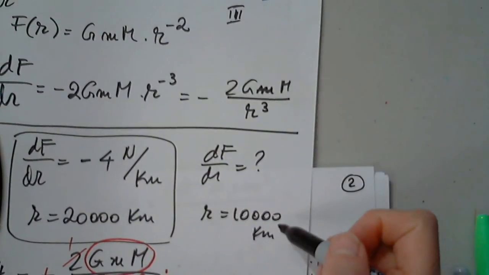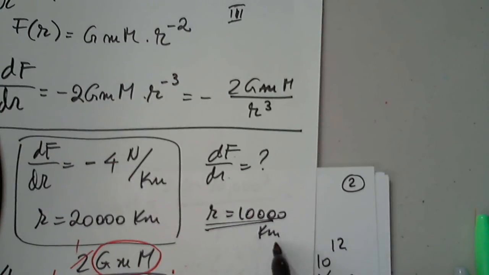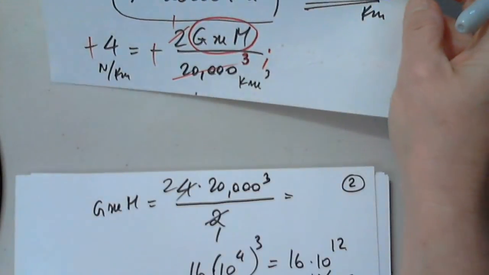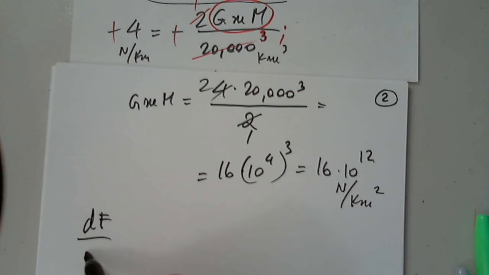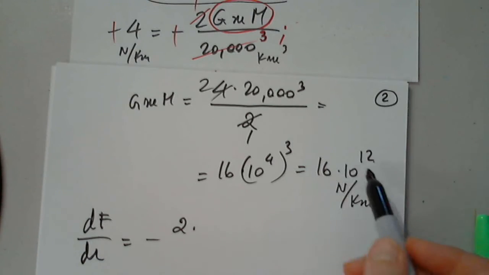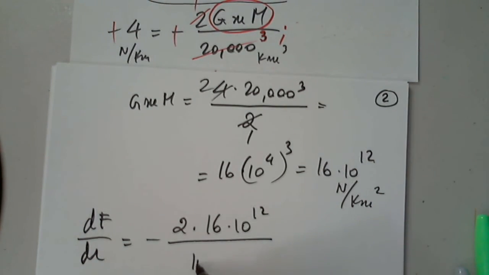But what they're really asking us to determine is dF over dr when the radius is 10,000. And now this is a piece of cake because we have dF over dr, which is -2 multiplied by this, divided by 10,000, also cubed.